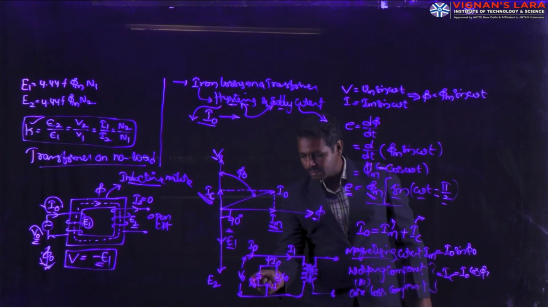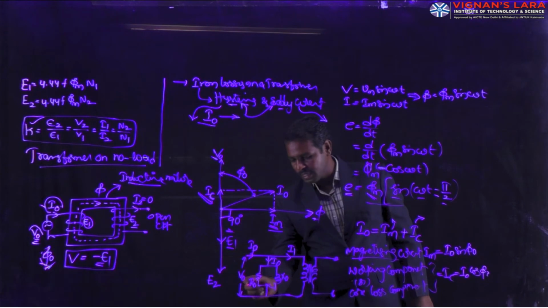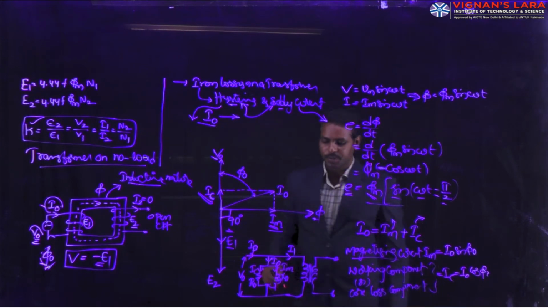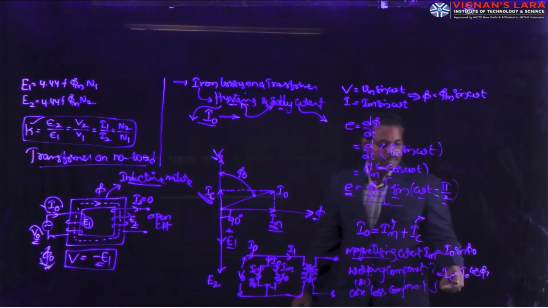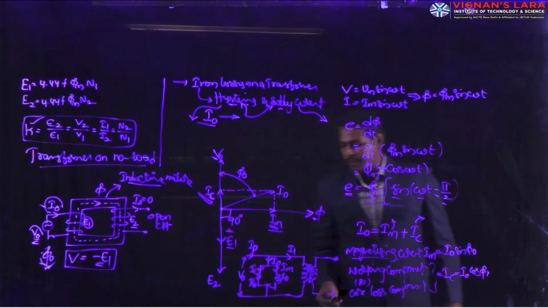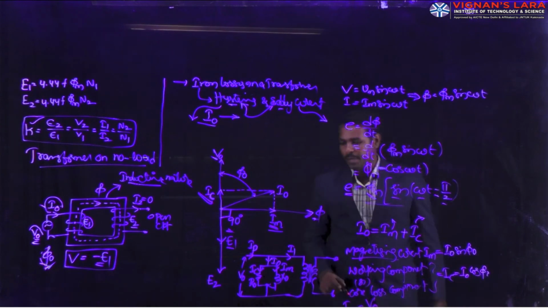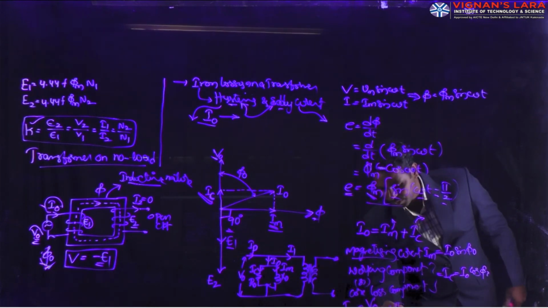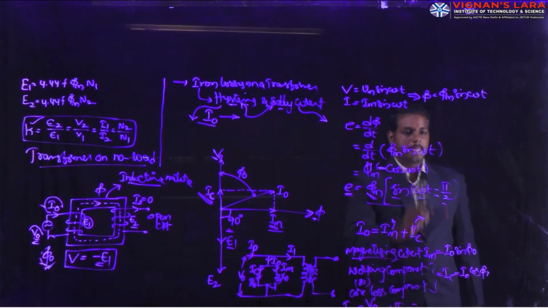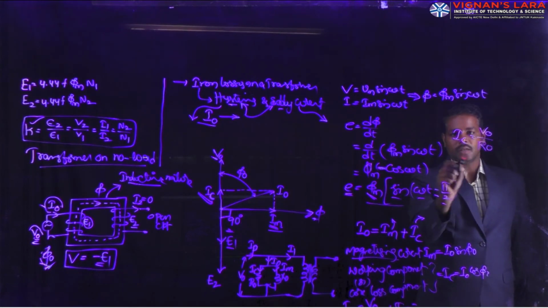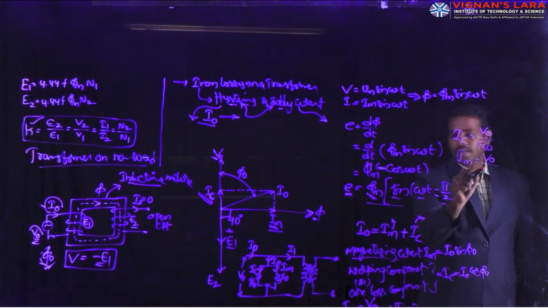These are the resistances. The current in this component is IC, and in the other it is IM. Without calculating these two parameters, we can easily find IC equal to V naught divided by R naught, and IM equal to V naught divided by X naught, or XM.